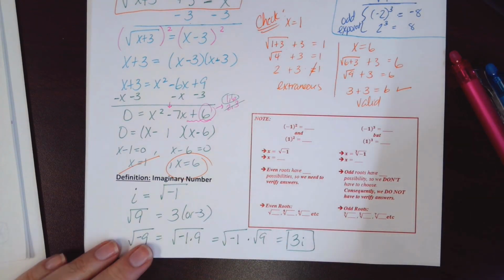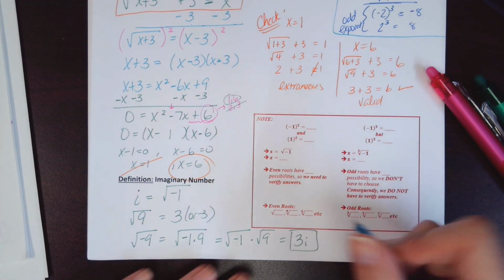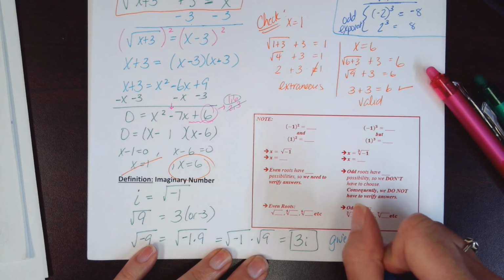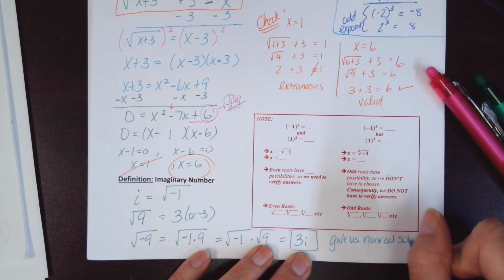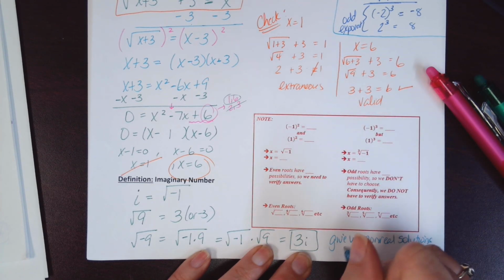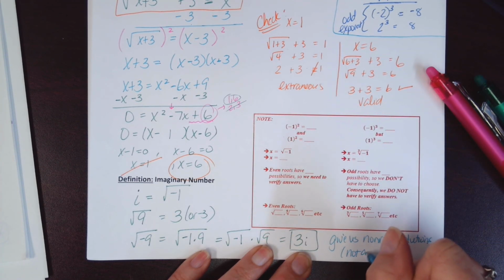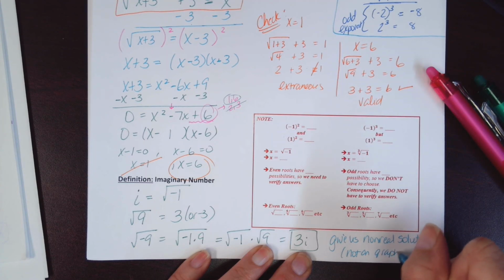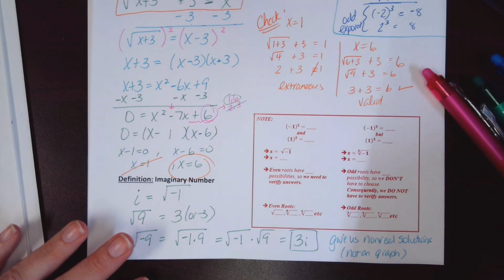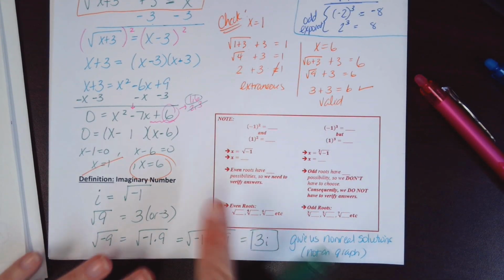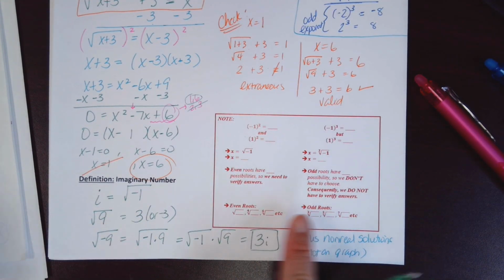Imaginary numbers give us non-real solutions. They don't show up on the graph. Now, I can graph imaginary numbers, but I can't graph them on my real number coordinate plane. This little note here, let's work through this.